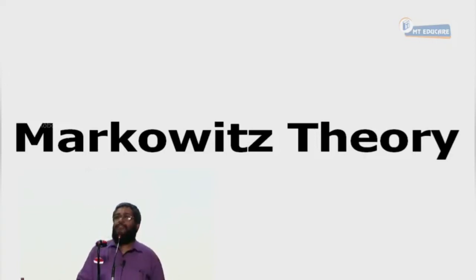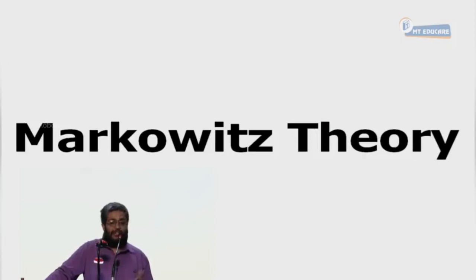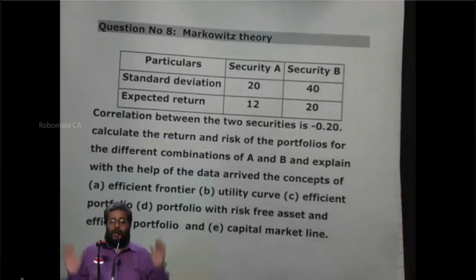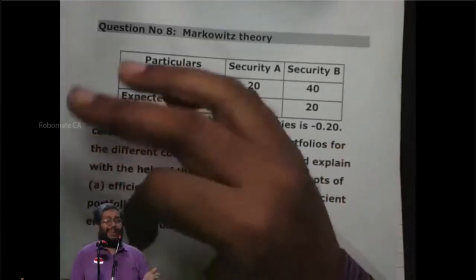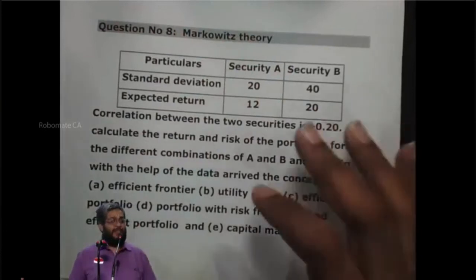So this is a very important area we are going to discuss. In examination, they may ask questions from Markowitz or Sharpe or what? CAPM or APT. But the challenge is that people don't understand from which theory the question has been asked. Study material doesn't bifurcate and give it. One should have full conceptual knowledge about what these theories are saying, how one theory led to another, and how investments are changing.